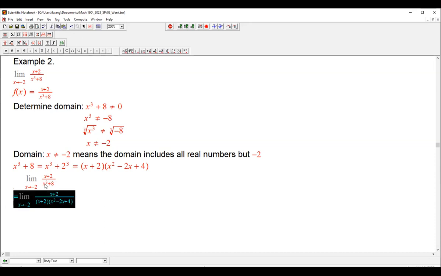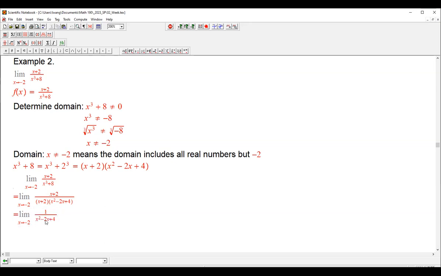So the next step, we will have x plus 2 removed, and we no longer need the parentheses here. Now the limit as x approaches -2 for function f is reduced to taking the limit as x approaches -2 for another function.